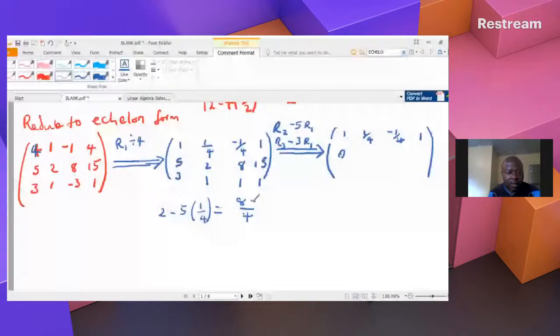Let me unshare this and then share it again, because I can see it's not writing clearly.